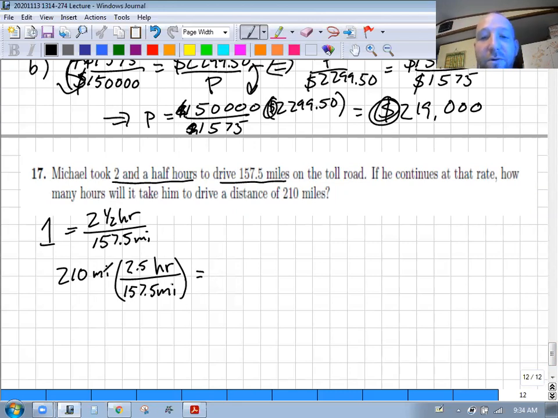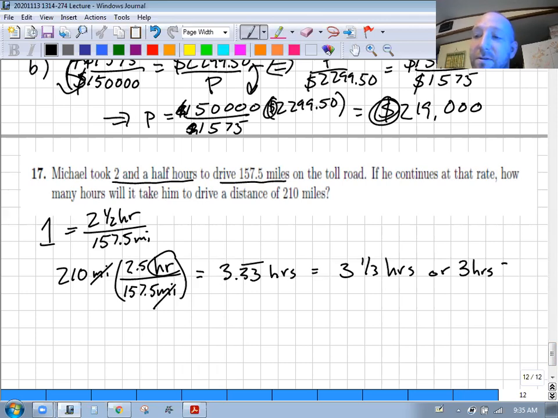So the miles go away. We're left with hours. We have 210 times 2.5 divided by 157.5, which is 3.33 hours, or 3 1/3 hours, or 3 hours, 20 minutes.